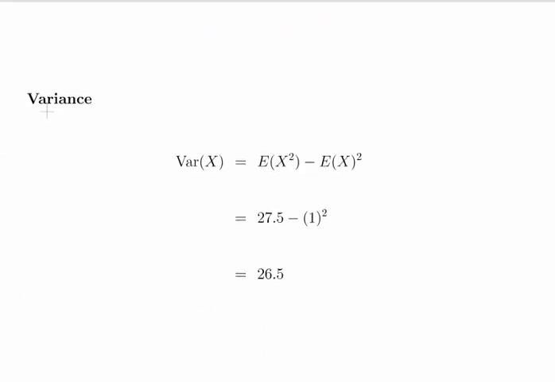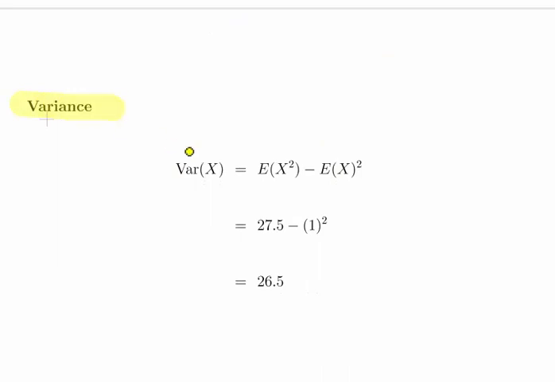Okay? Now, don't forget this last part here. Variance is the expected value of x squared, 27.5, minus the expected value squared, minus 1 squared. 27.5 minus 1 gives us 26.5. So that's the answer we're looking for. That is the mean and the variance.